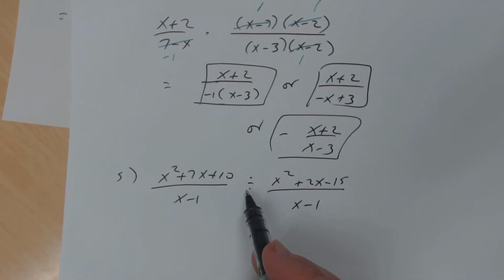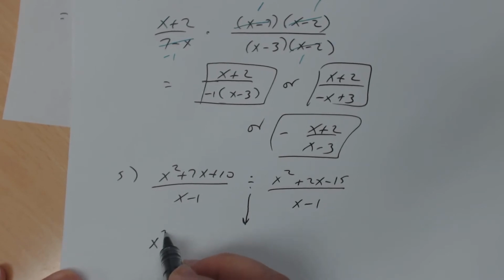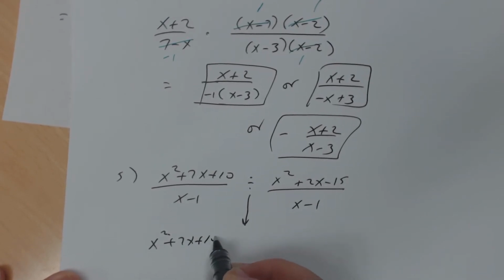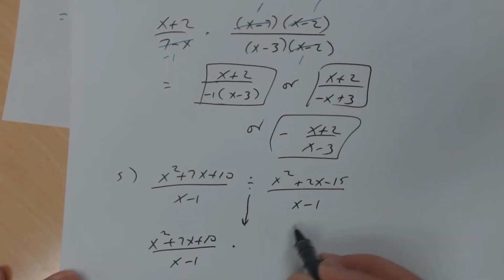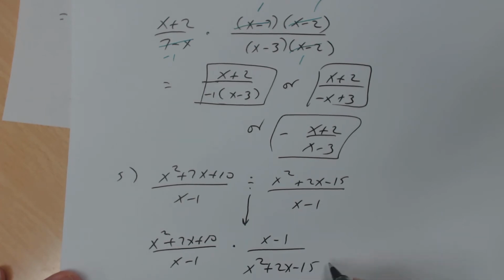Okay, so first of all, change this to division. First thing you want to do, so keep this fraction as it is: x squared plus 7x plus 10 divided by x minus 1, times, and then take the reciprocal of this one, x minus 1 divided by x squared plus 2x minus 15.